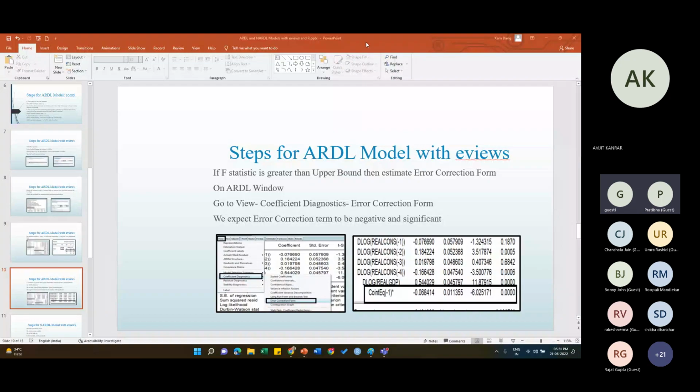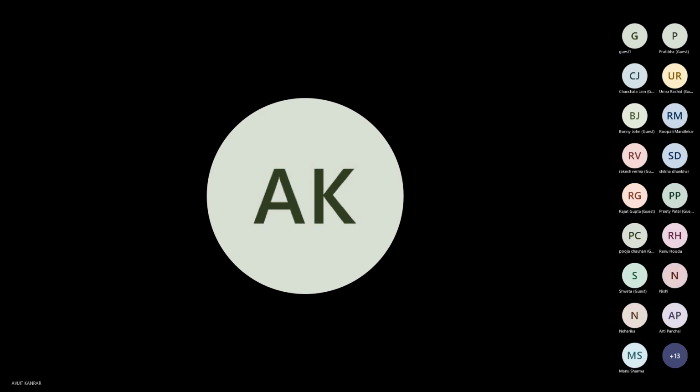Anyone, please share the screen. Who has still opened the R file? I have closed it without saving it. I have closed the file in EViews also. Let me try again.